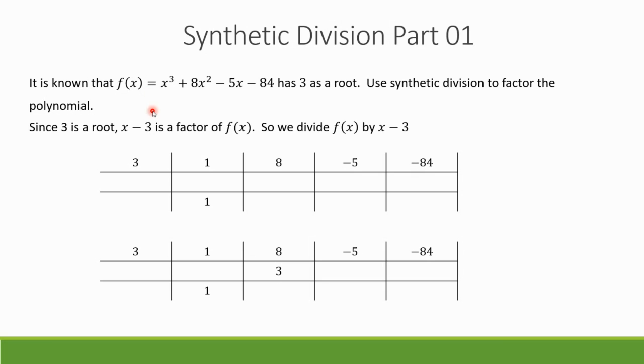All right, so for this one, synthetic division. Let's do this example now. It is known that this polynomial has 3 as a root. We're going to use synthetic division to factor it. Since 3 is a root, what does that mean? It means that f of 3 is 0.